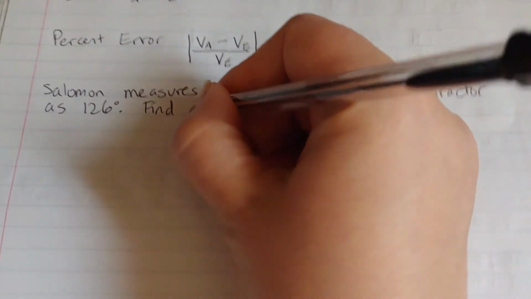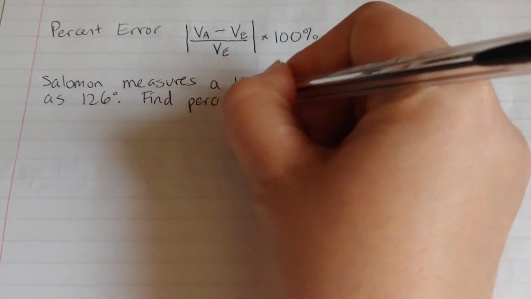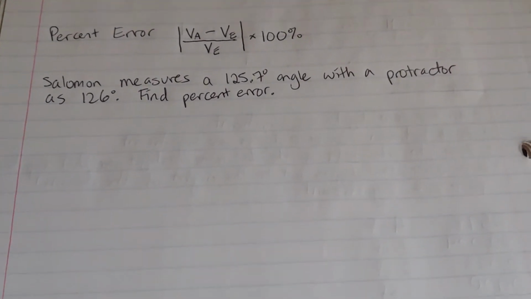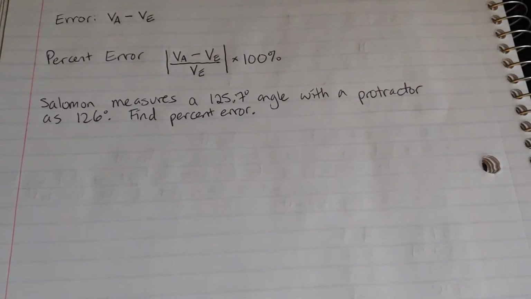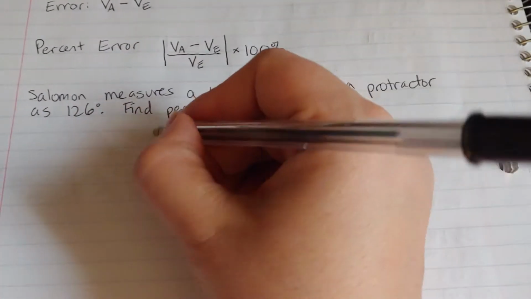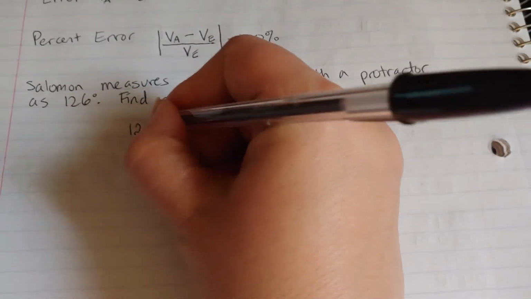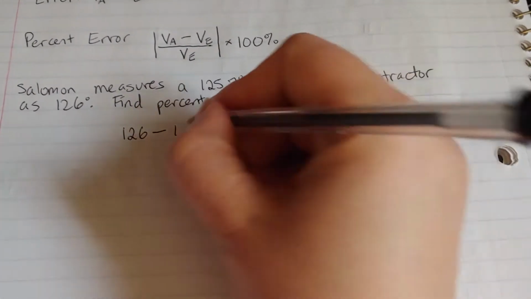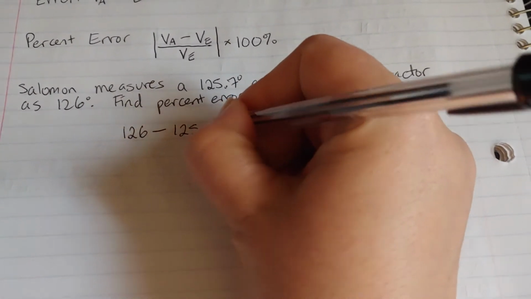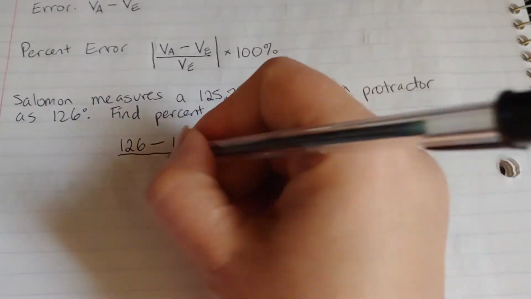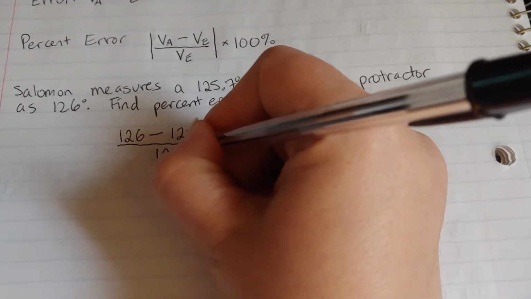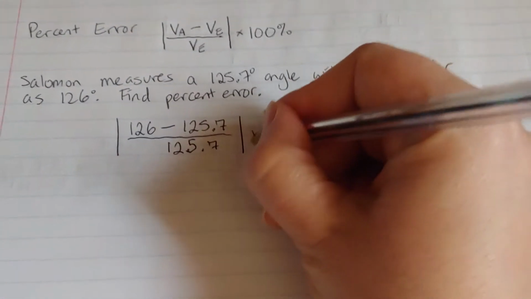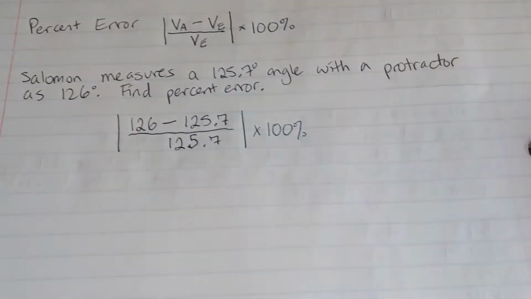Let's find the percent error. All right, well, his approximated value, or the estimated value, is 126. And we subtract that from the exact value, 125.7. Divide by the exact value, 125.7. Take the absolute value of that and multiply by 100%.